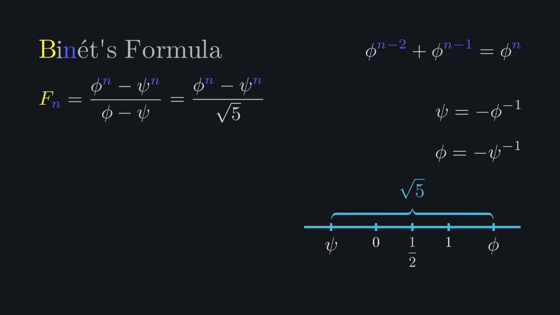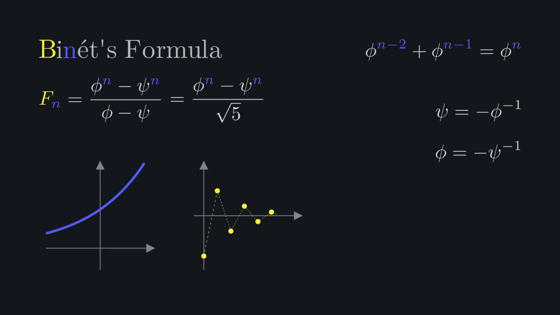If it weren't for psi, this formula would just be a power function scaled down by root 5, and we could plug in any value for n, not just integers. But psi is negative, and that not only enforces integers if we want to stay in the reals, it also generates an oscillation between positive and negative values that quickly tends to 0, a convergence.